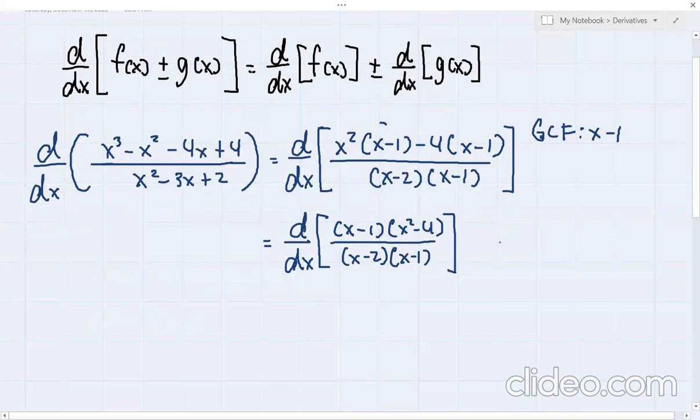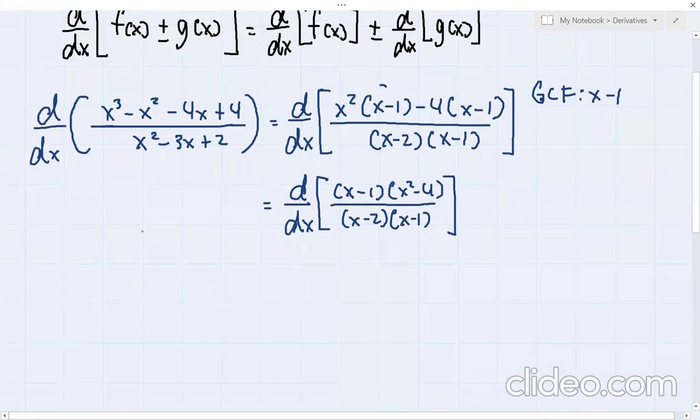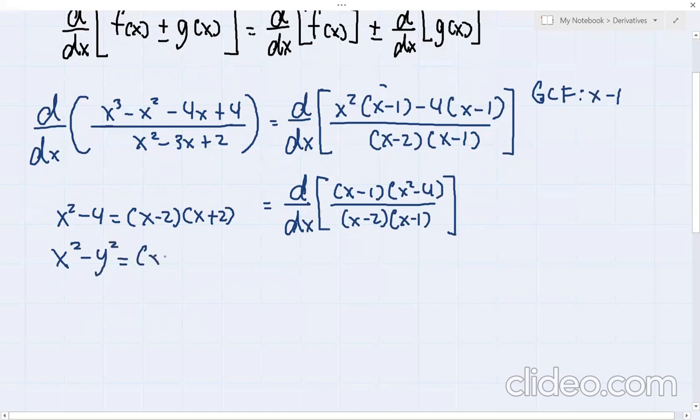Are we done? Hindi pa tayo tapos. Why? Itong x squared minus 4, if you guys don't know, x squared minus 4 is the same as x minus 2 times x plus 2. Ito yung tinatawag natin na difference of two squared terms. X squared minus y squared is the same as quantity x plus y times quantity x minus y.